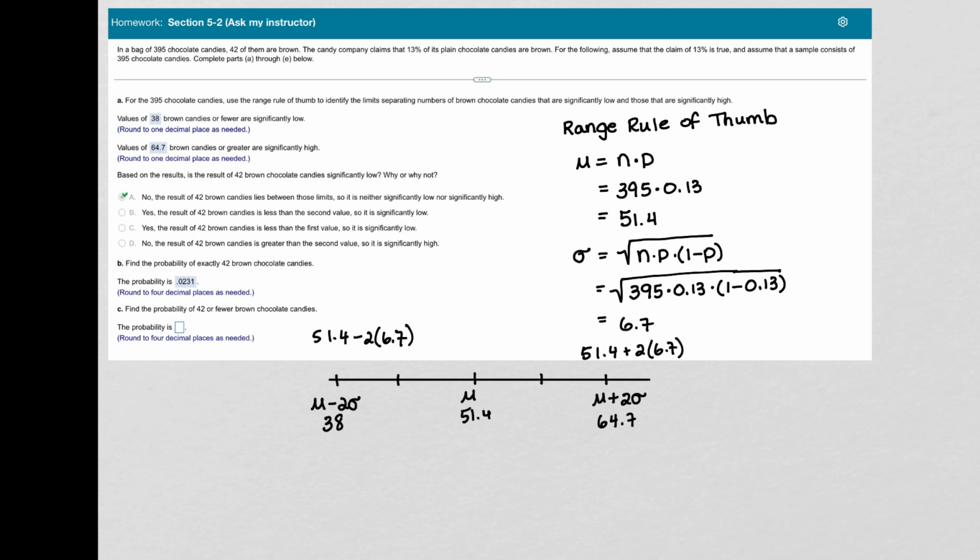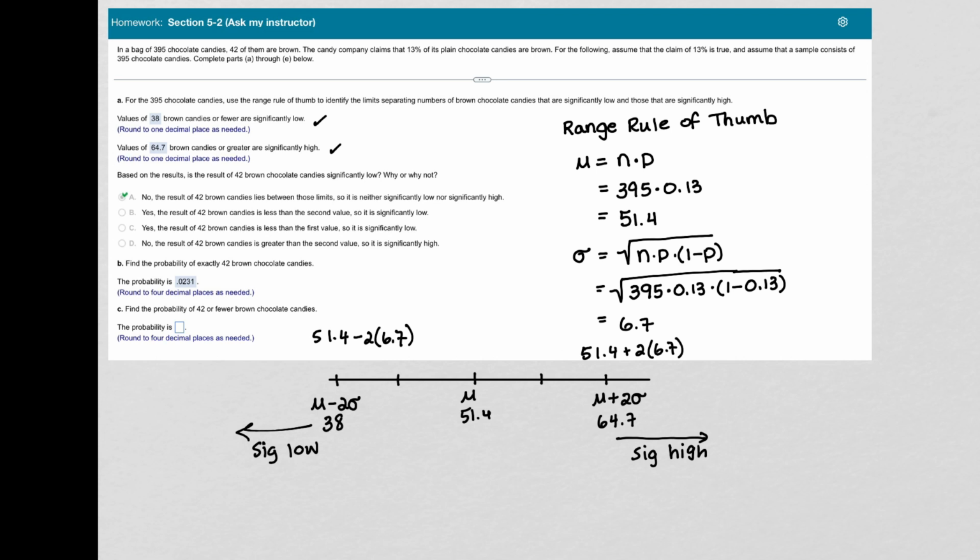So any values that are at 38 or below, 38 or fewer, are significantly low. Anything that is at or above 64.7 is significantly high. So we've got part A done. Well, the first two parts.